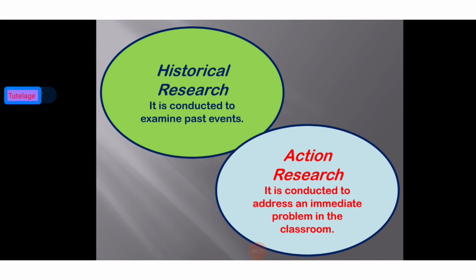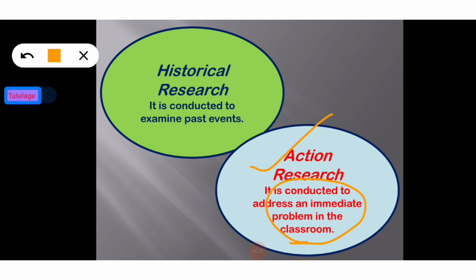Okay. So here we can see the last type of research for this session, that is action research. Action research is basically conducted to address an immediate problem in the classroom. In the 1940s, Kurt Lewin, a German American social psychologist, coined the term action research.